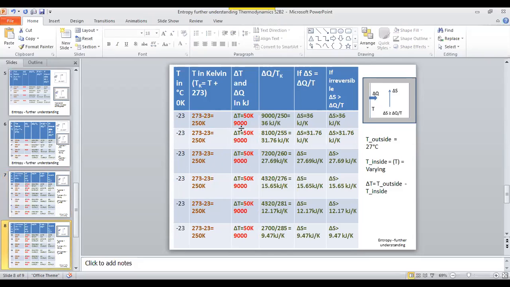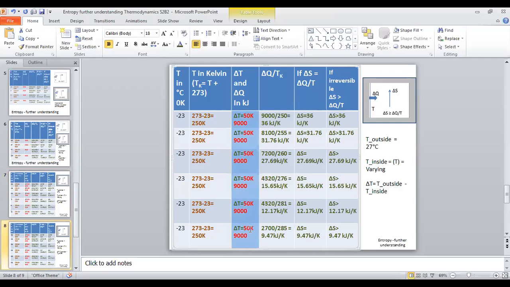Now what happens is, when you have better insulations, let me redo it. I will take the same delta T, 50 K, because the inside temperature setting is minus 23, a freezer for frozen food application.